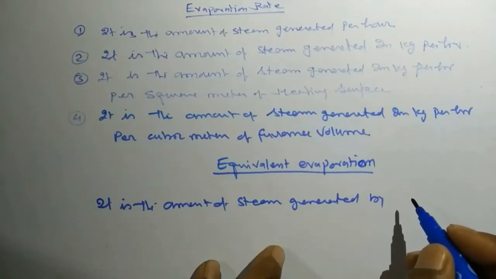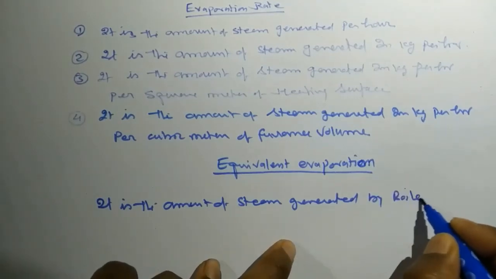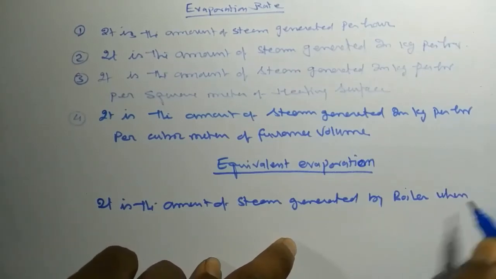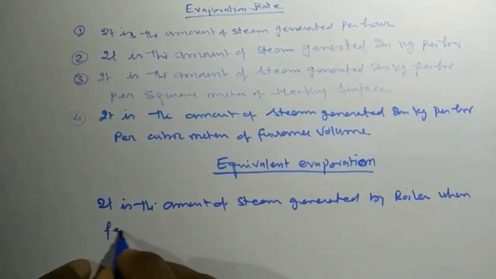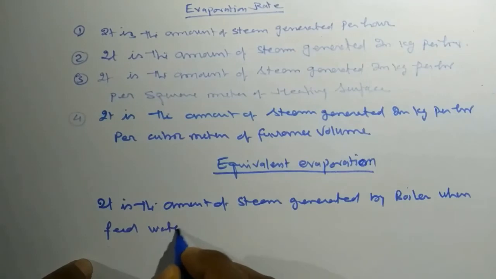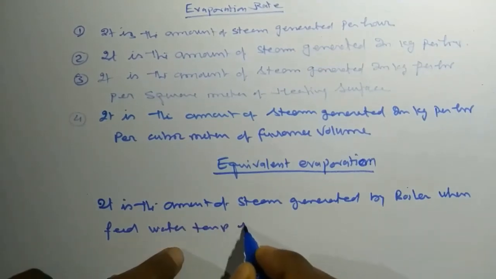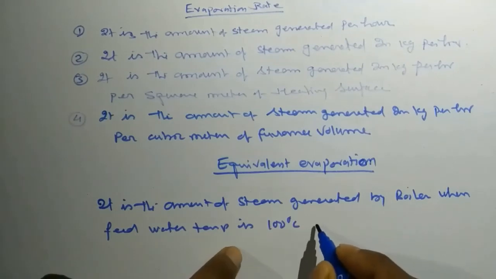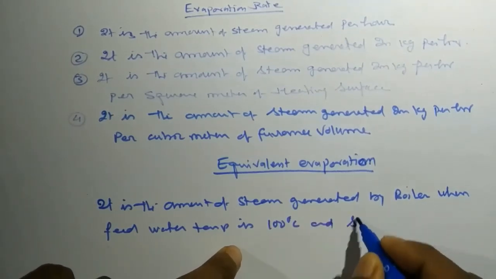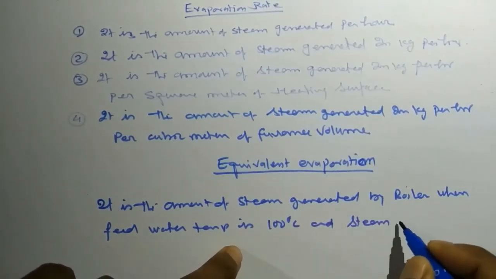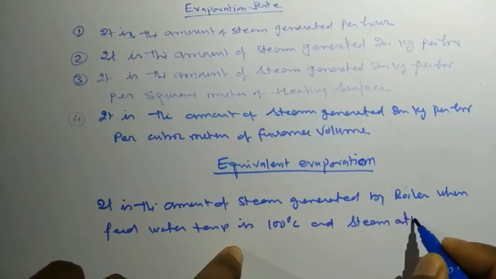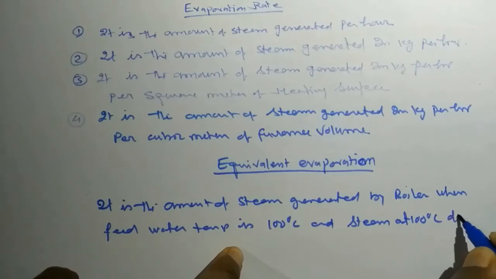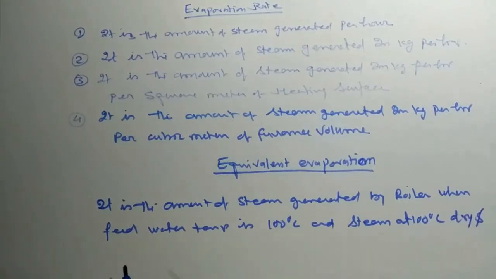It is the amount of steam generated by the boiler when feed water temperature is 100 degrees centigrade and steam at 100 degrees centigrade, that is dry and saturated.